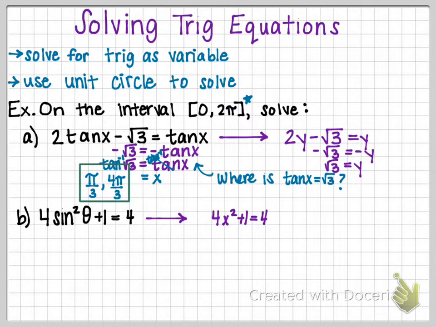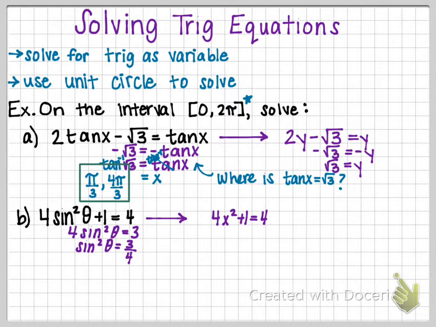I'm going to go ahead and solve it with the sine though. So I need to get sine by itself. I'm going to subtract 1 on both sides. So 4 times sine squared equals 3. Divide by 4 on both sides. So sine squared of theta equals 3 over 4.